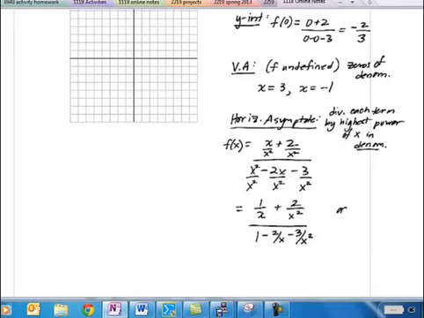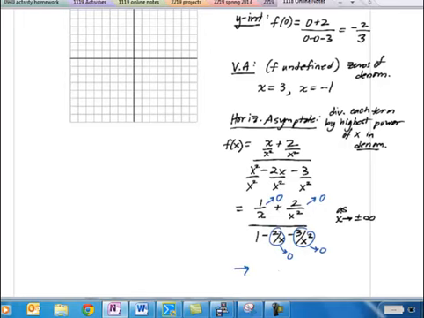So as x gets large, either positive or negative, you want to think about what's going on with each term. 1 over x, if x is large, that's going to go to 0. 2 over x squared, as x gets large, will also go to 0. 1 will just stay as 1. 2 over x will go to 0. And 3 over x squared will go to 0. So huge denominators will make each of these fractions just go to 0.